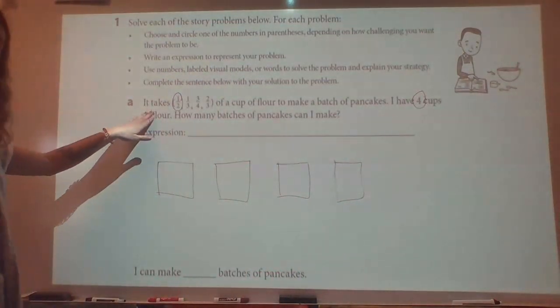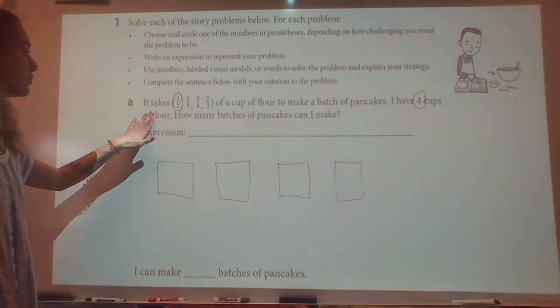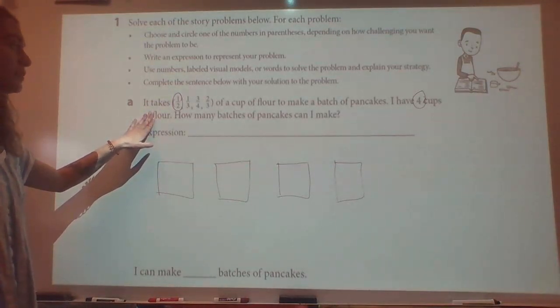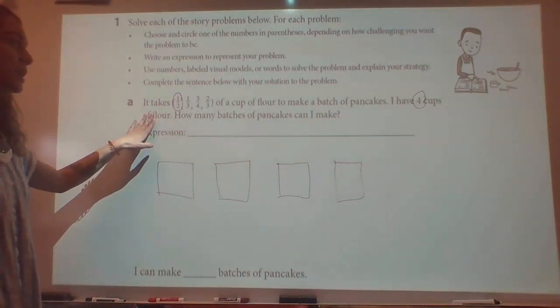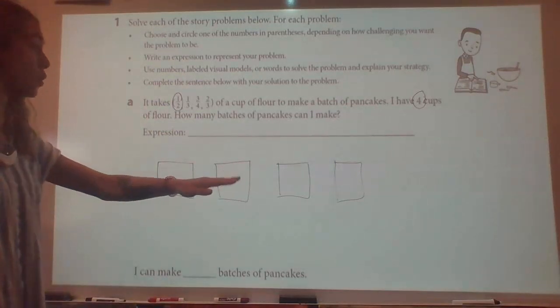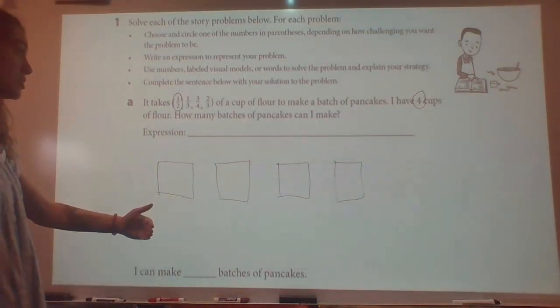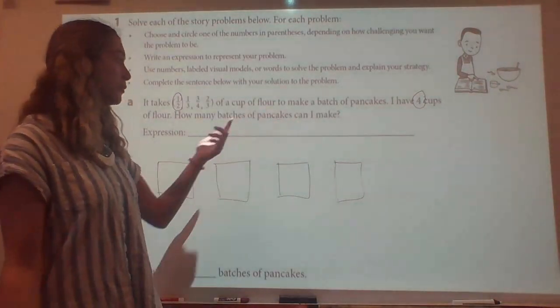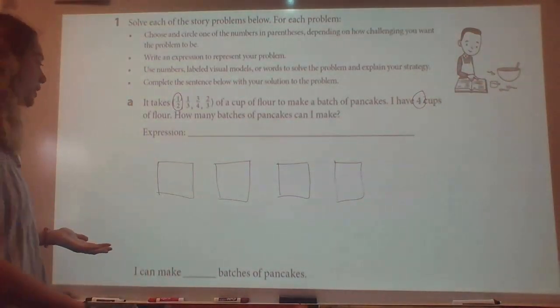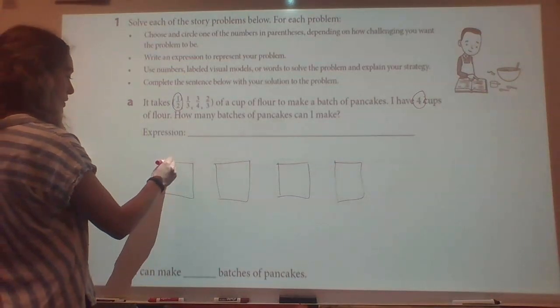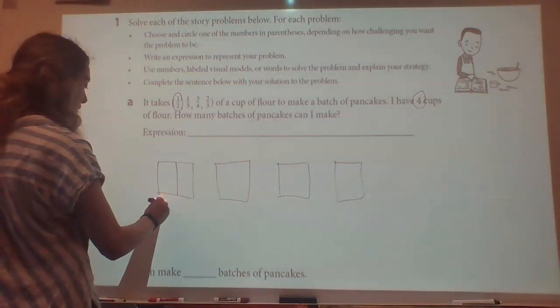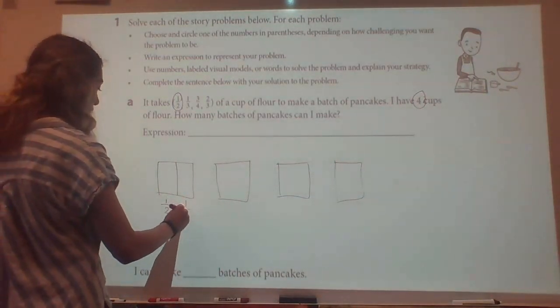Now I'm going to go back to my other number, 1/2. It takes 1/2 of a cup of flour to make a batch of pancakes. I need to figure out how many 1/2s are in 4, because that'll tell me how many batches I can make for each 1/2. So I know that if I take one of my cups and I divide it, these are halves.